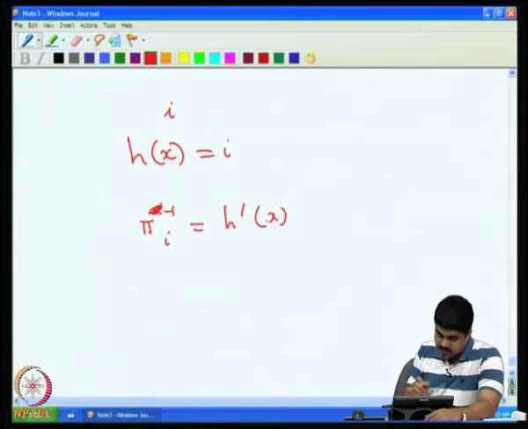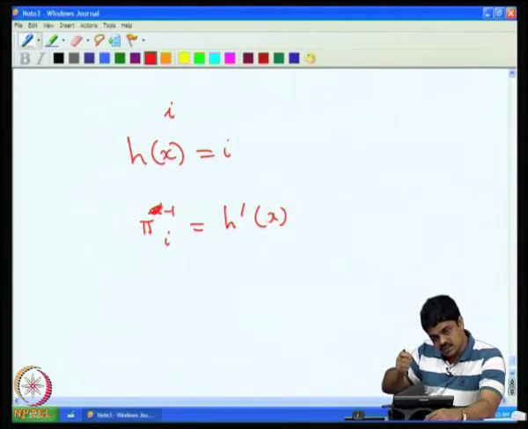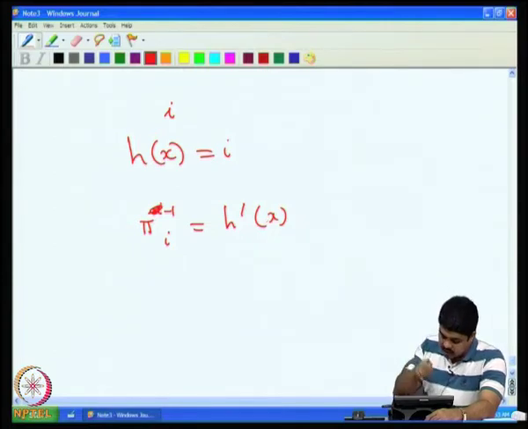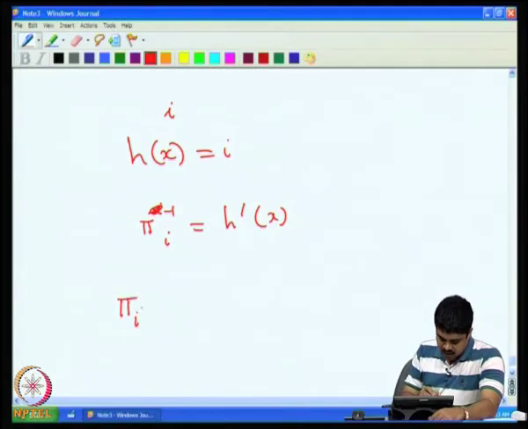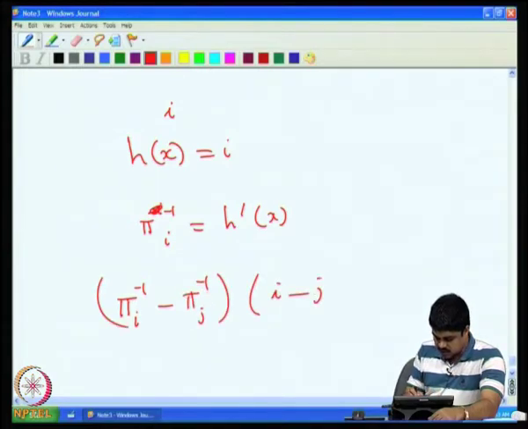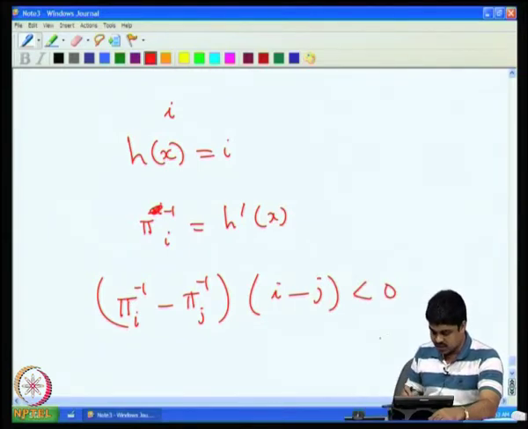We looked at the permutation h dash of x in that x position, and whatever value is there was the position number corresponding to i. Then we immediately get the property that pi i inverse minus pi j inverse, into i minus j, is less than 0 if and only if i j is an edge.